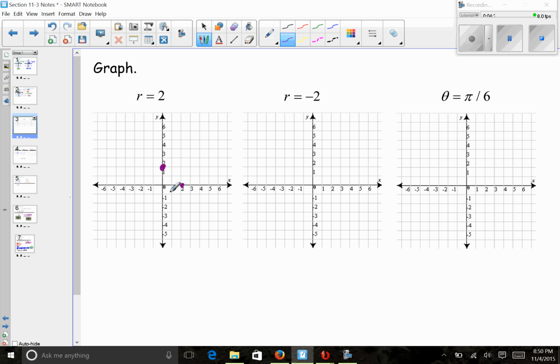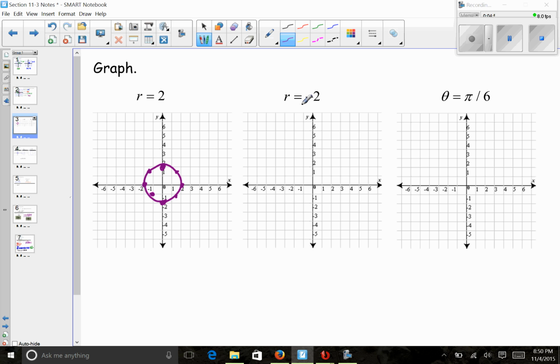If it were 3 pi over 4, it'd be here. If it were pi, it'd be here. And I can just keep going around, and no matter what angle I have, I have to be 2 away from the origin, which gives us a circle. And it would be a circle starting at 2, 0 in rectangular coordinates going counterclockwise.